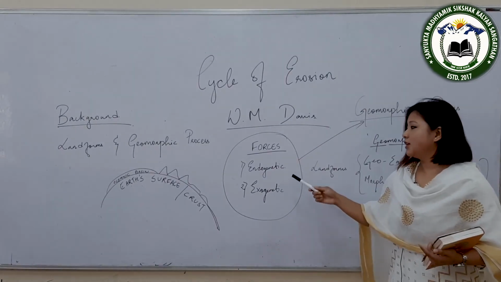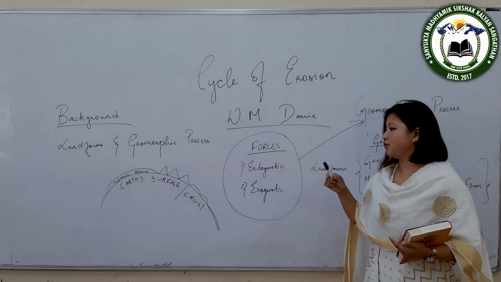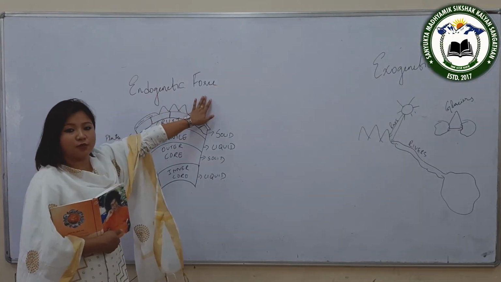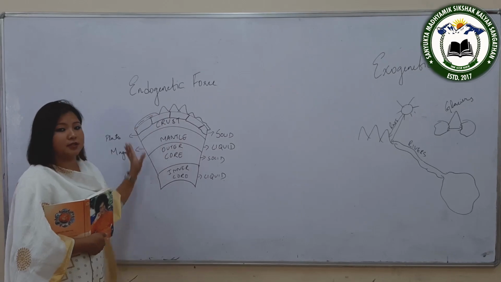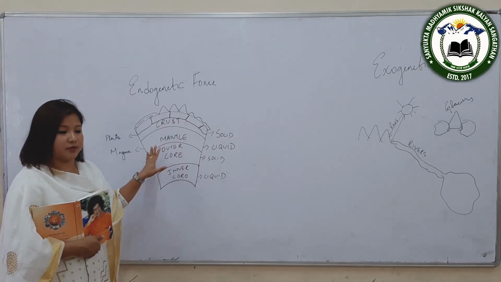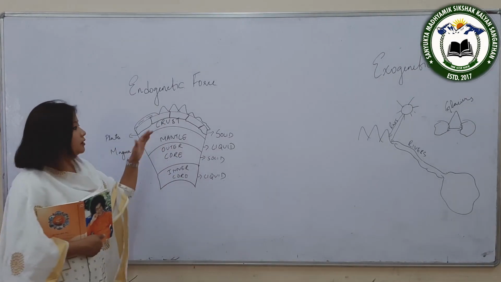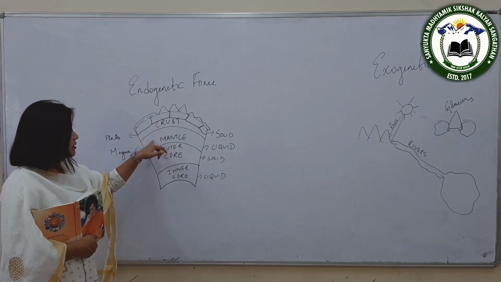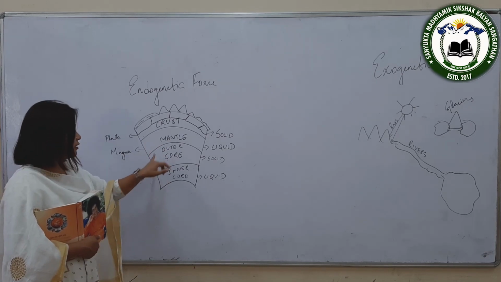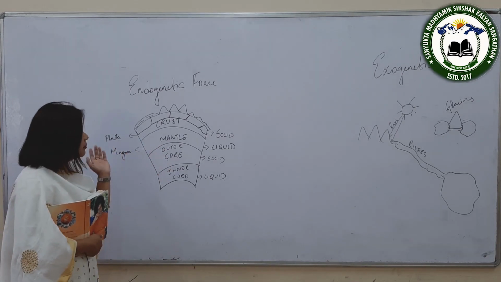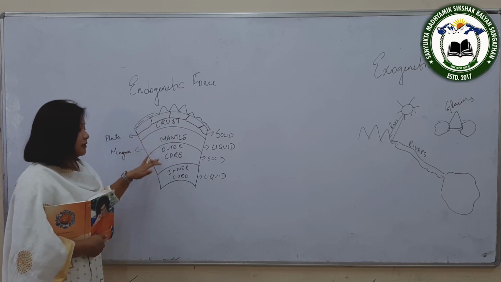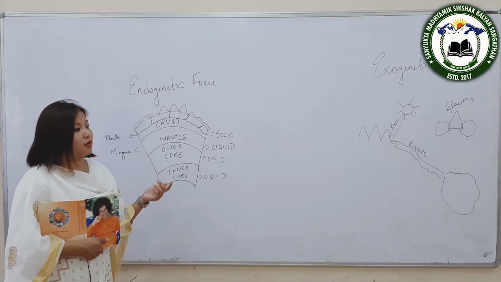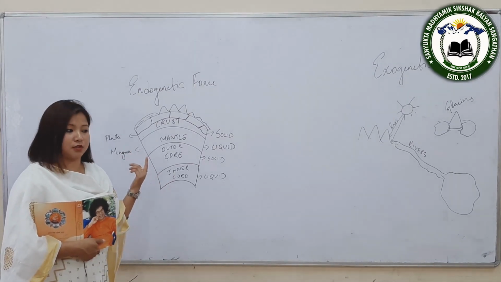So now I am going to explain the endogenetic and exogenetic forces one by one. To explain the endogenetic force, I have made the inner structure of the earth. As you all know, the earth's interior consists of three layers, namely the crust, mantle and core. Here I have distributed the outer and inner core. These three layers are different from each other in composition, characteristics and nature.